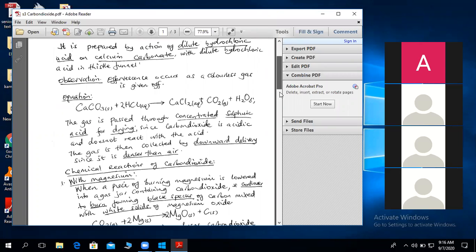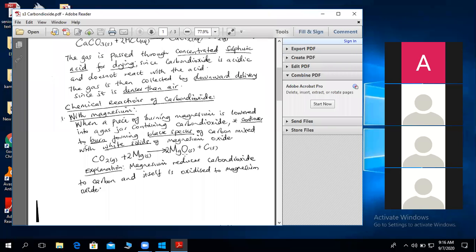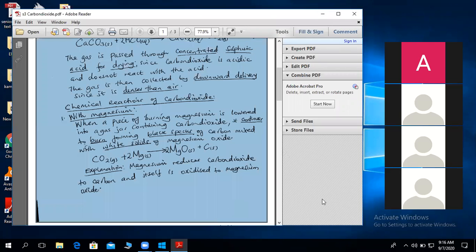Let's move on. Chemical reactions of carbon dioxide. With magnesium, this is one of the commonest reactions of carbon dioxide. What happens when carbon dioxide is treated with magnesium?